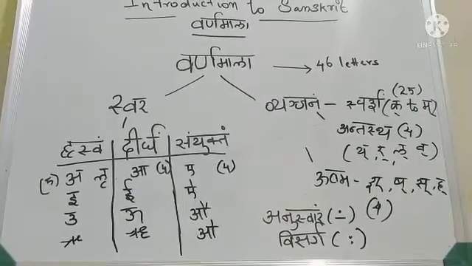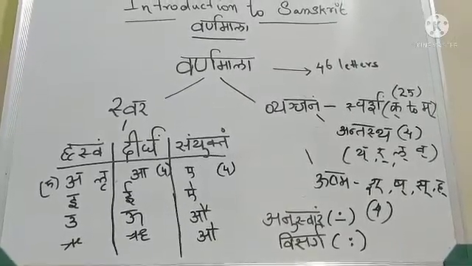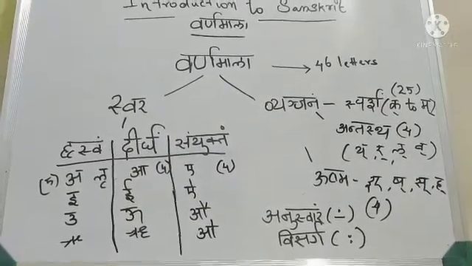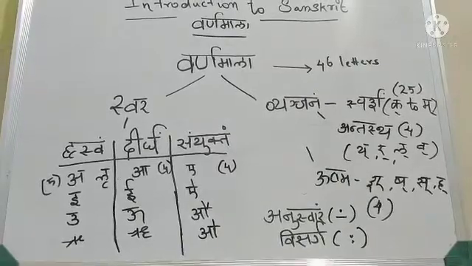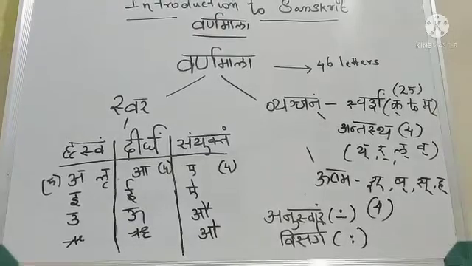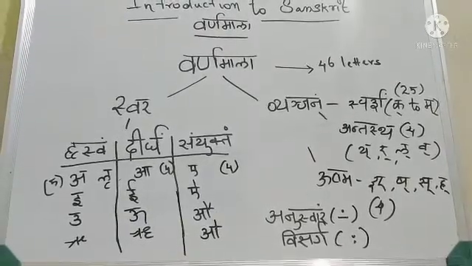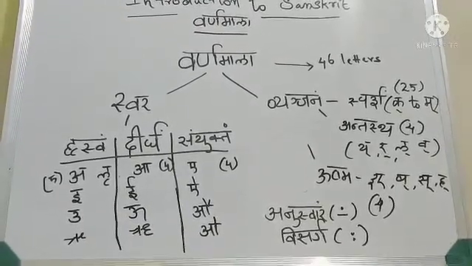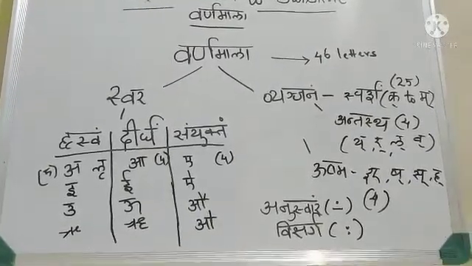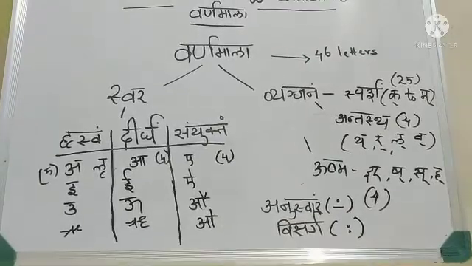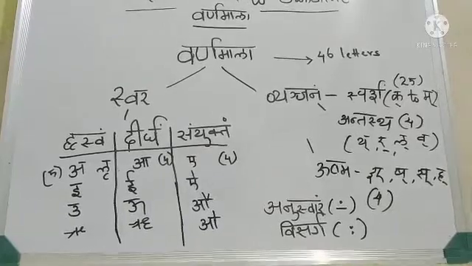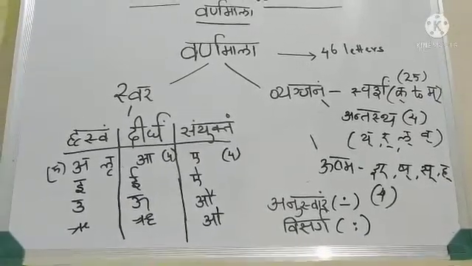Now we can see what is Swara. Swara has 30 letters, and these 30 letters are divided again into Hrasvam, Dirgham and Samyuktam. Already you know the Hindi and Malayalam Aksharamala, A, I, U and all that.